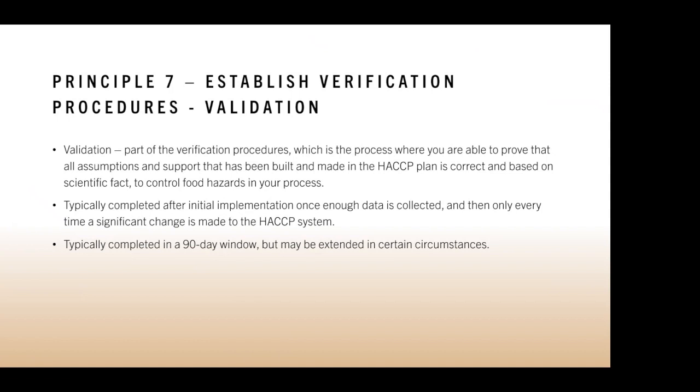The validation activities are typically completed after initial implementation of the food safety plan, but just after enough data has been collected, and then only every time a significant change is made to a HACCP system. The validation is typically completed in a 90-day window as required by FSIS regulation, but there are exceptions to this timeline, but we are not going to address them here.